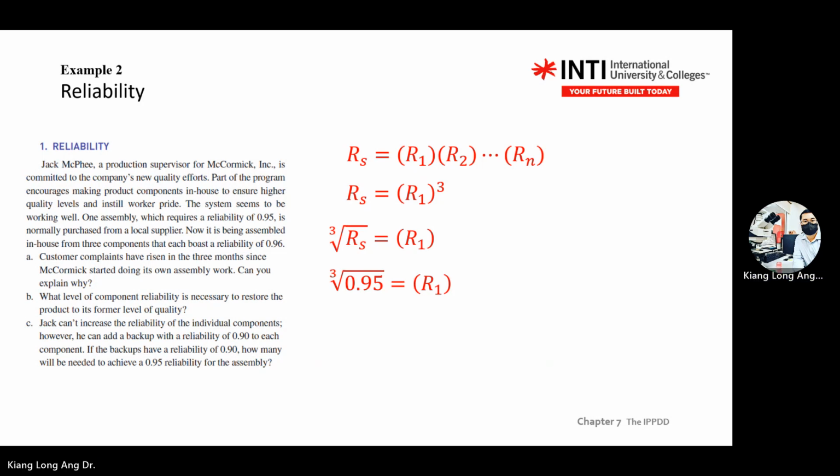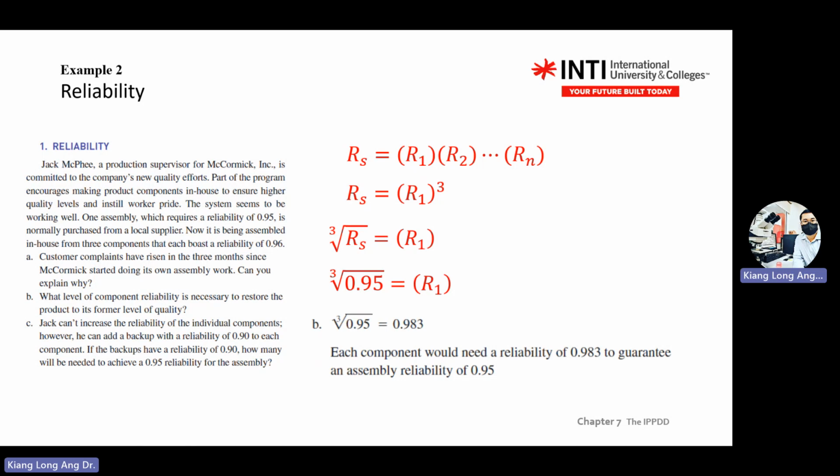So you have to know which one is RS, which one is R1, R2, R3. From this equation, you can calculate the reliability of the individual parts. So the answer will be 0.93 reliability, so that the overall system, when you assemble later, will reach 95%. Because now the objective is that you need to get an assembly of 95%.